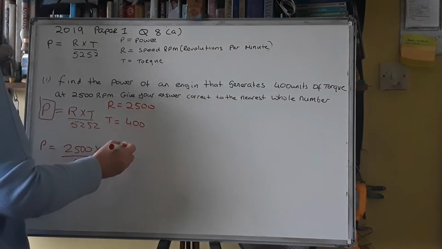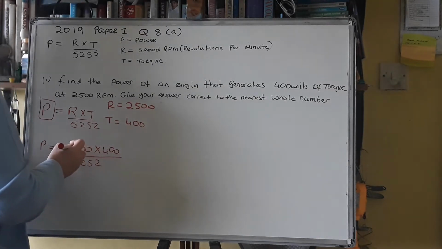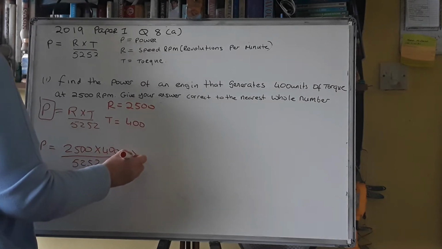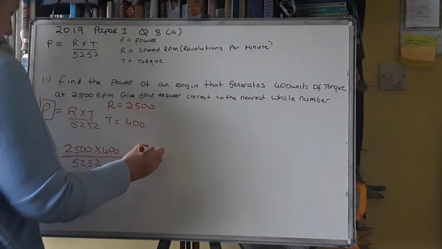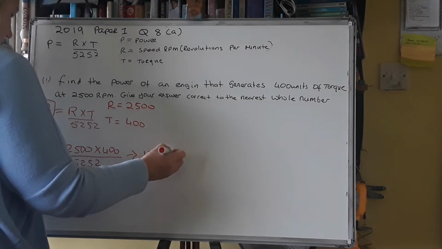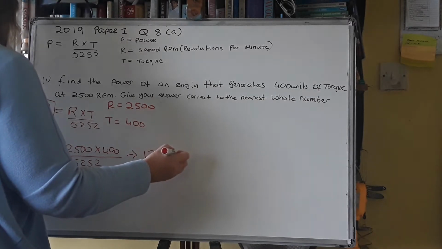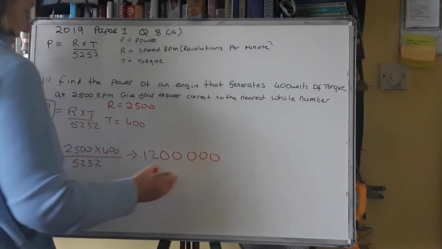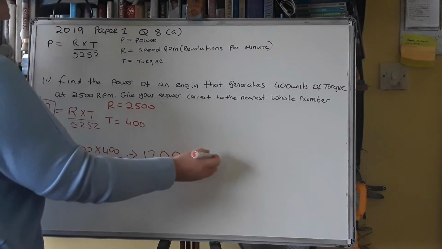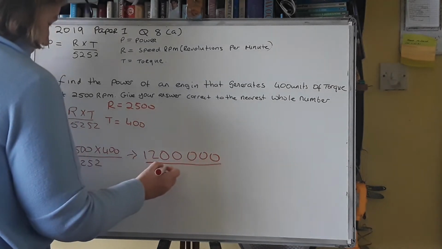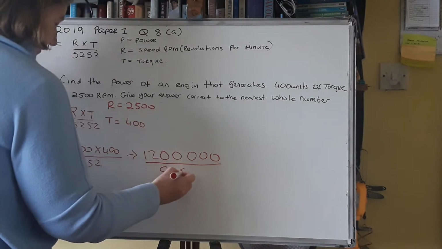But if you multiply out the top part, 2,500 multiplied by 400, you get 1,000,000, so 1 followed by 5 zeros, all over 5252.